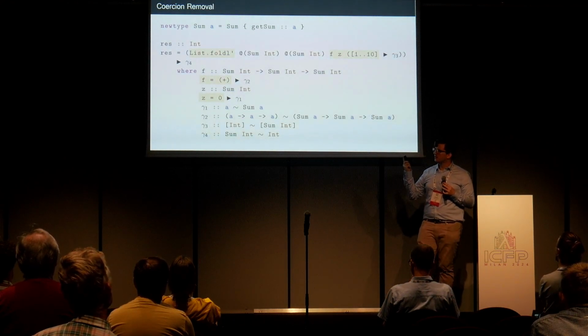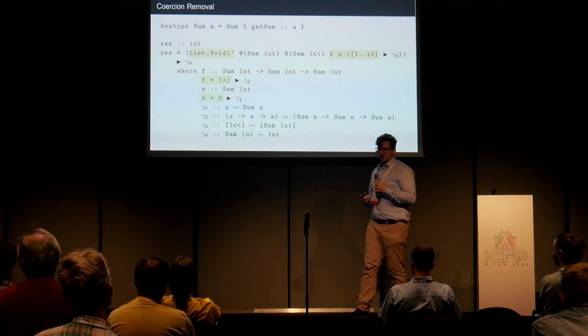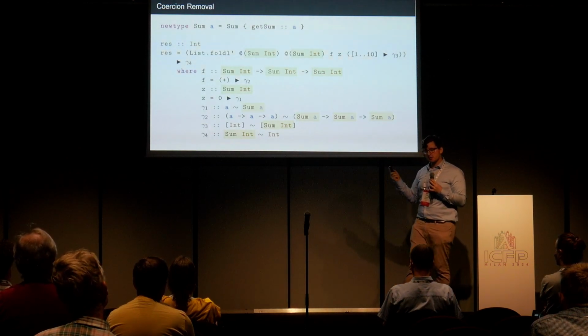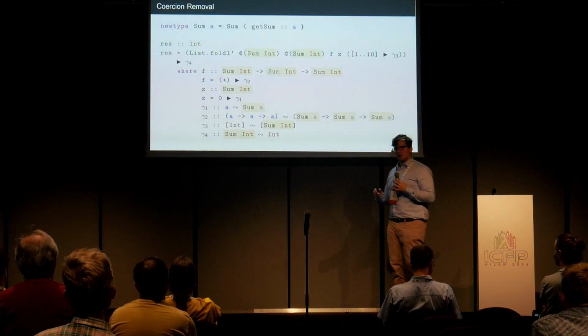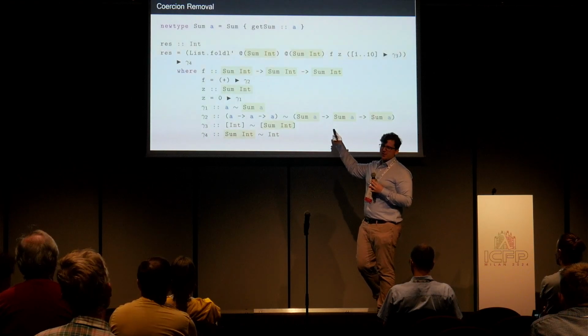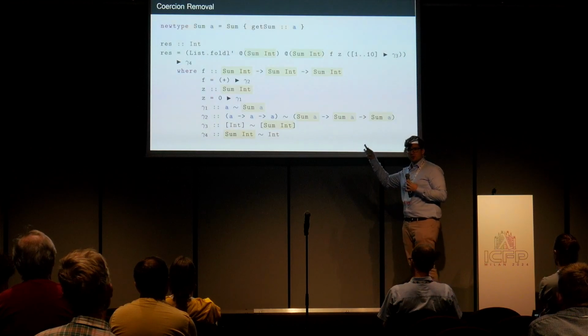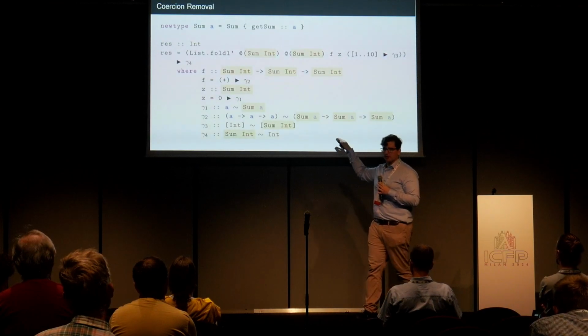And something we can know, because we have the type flow information, is all the places that sum is actually used. So in this code example, assuming that this is all in one module, every single time that sum is ever used, it's applied to an argument. That argument is going to be an integer, and it's fully saturated.